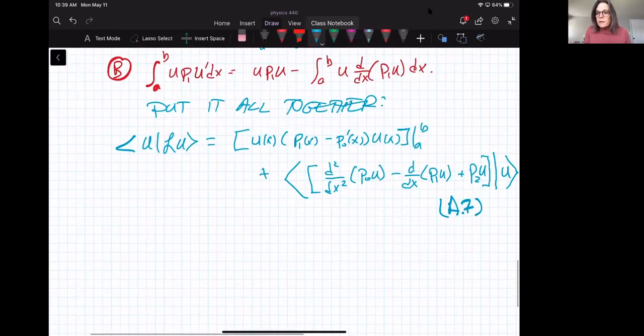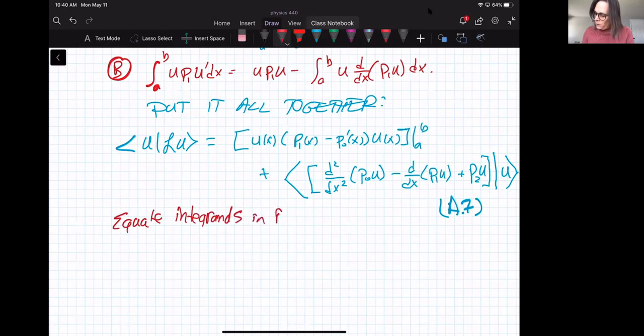Okay, so what we've done is just rearrange things. The thing that we want to notice is that all we've done is rewrite that first integral. What we want to do now is equate integrands in A.5 up the page and A.7, which is what all of this integrating by parts is. And basically, I'm not going to go into the details of this, but you basically expand A.7 and you compare term by term with A.5.